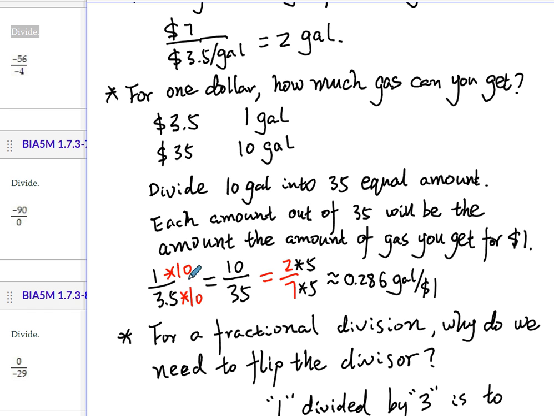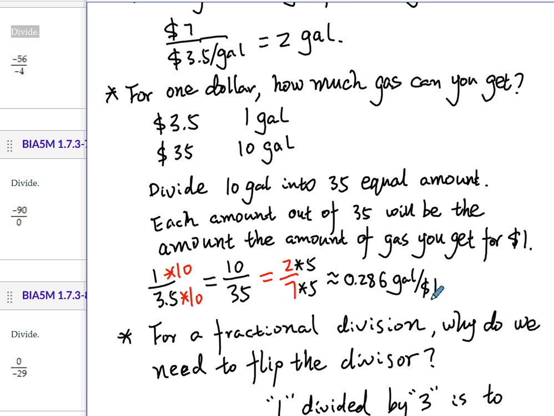So you have 1 times 10 is 10, 3.5 times 10 is 35. 10 is 2 times 5. 35 is 5 times 7. So basically 10 over 35 is actually equal to 2 divided by 7. Approximately 0.286 gallon for each dollar.